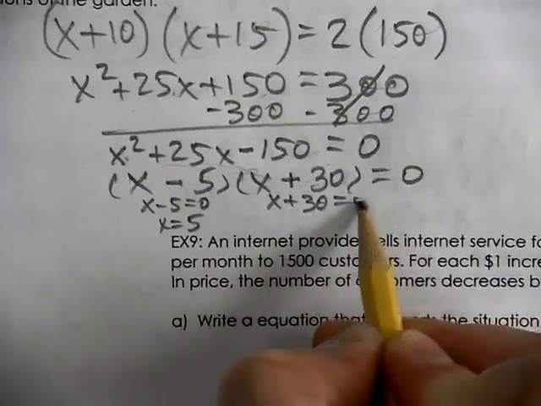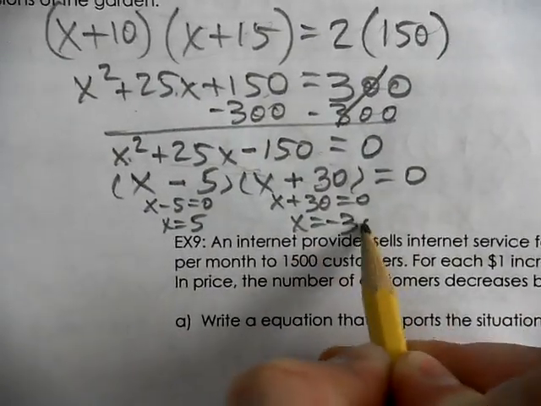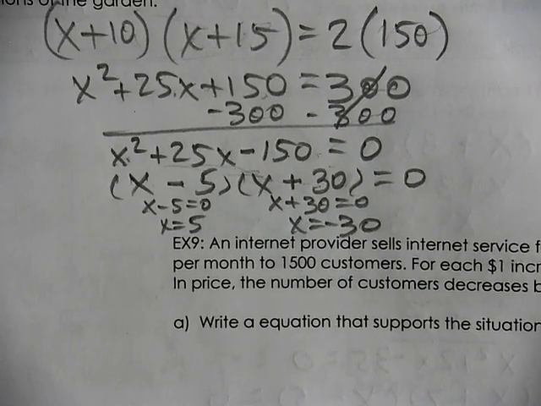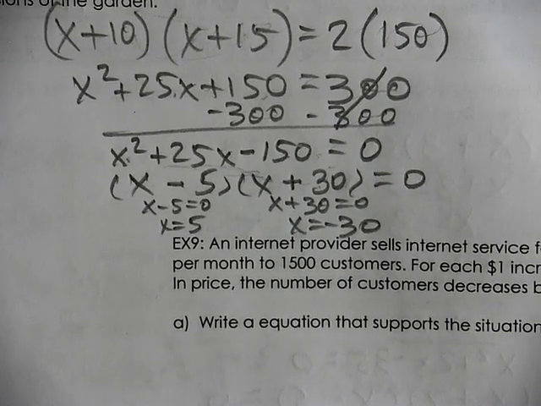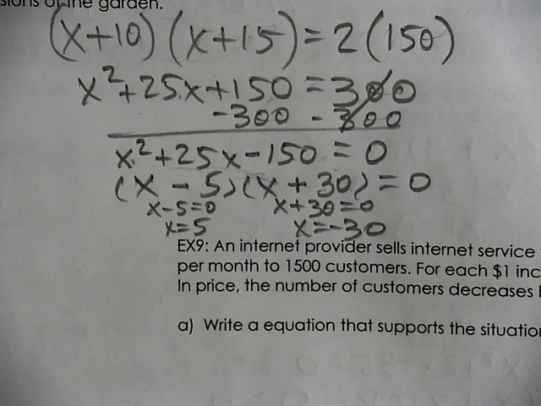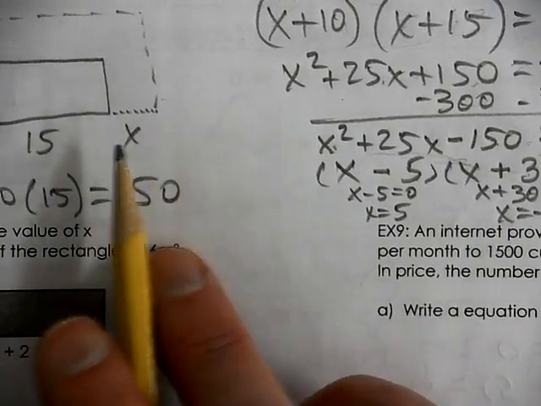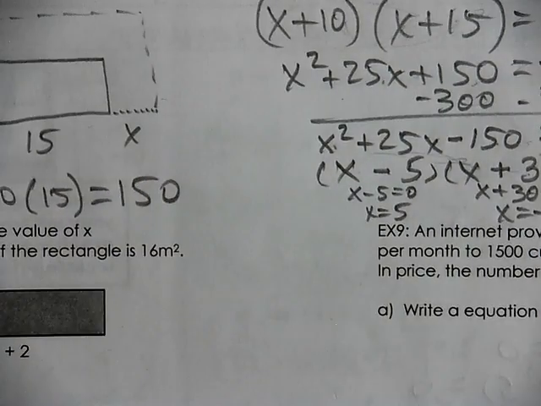And then we can set these equal to 0 using the zero product property. Which answer do you think is more appropriate? Can we add a negative 30 onto the side of a rectangle? That doesn't make sense.